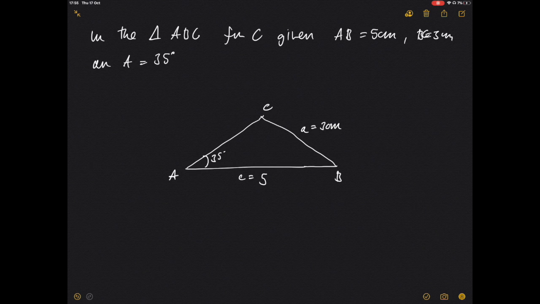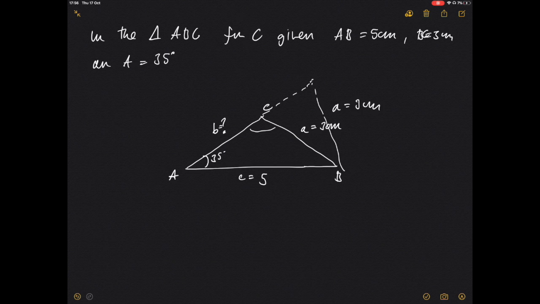Okay, but what we can see is we don't know what this little b is. So again, in the same case, because we don't know this angle and we're trying to find C here, there is a potential that this could also equal a second a, which could be 3 centimeters.